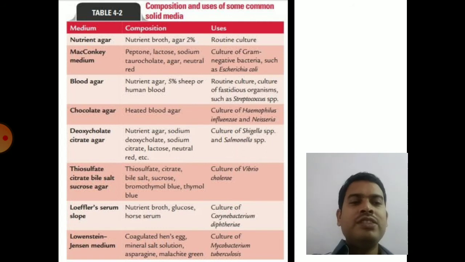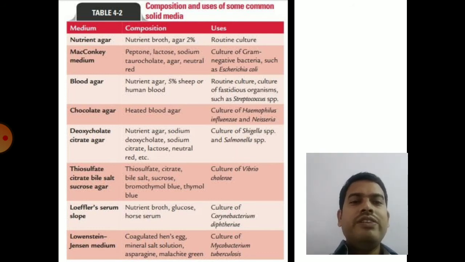It is a routine culture medium which is used for all types of bacteria, whereas for MacConkey agar, you can see the composition: peptone, lactose, sodium taurocholate, agar, neutral red. These are the composition of MacConkey agar medium. It is used for culturing gram negative bacteria such as E. coli. Only gram negative bacteria such as E. coli will grow on the MacConkey agar medium. For example, blood agar.